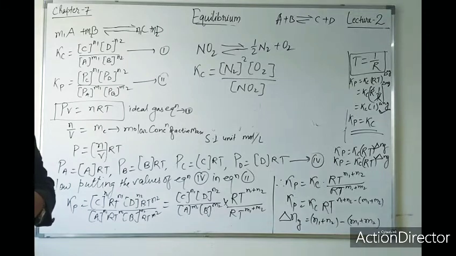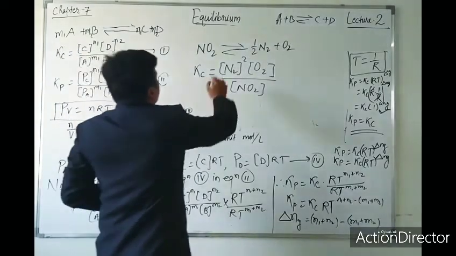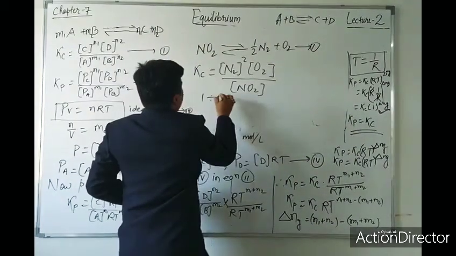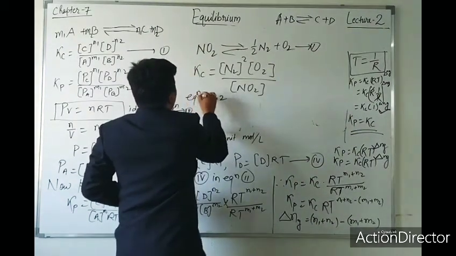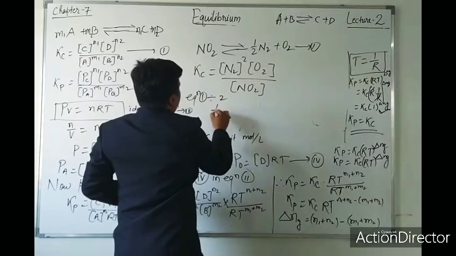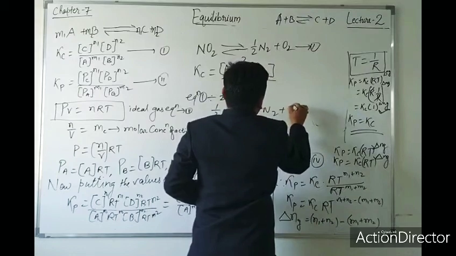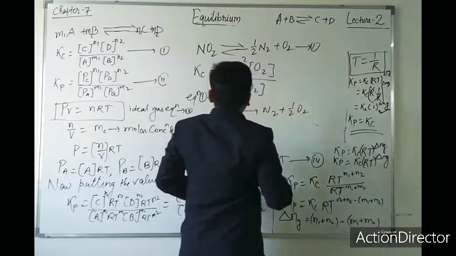If the reaction is divided by 2, what will happen? If this is your reaction 1, and you divide equation 1 by 2, so half NO2 is equal to N2 plus half O2, right?